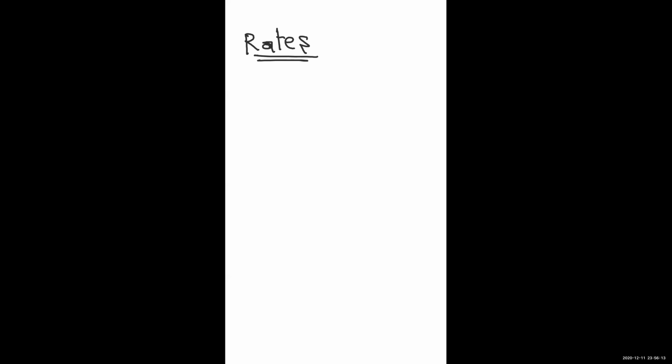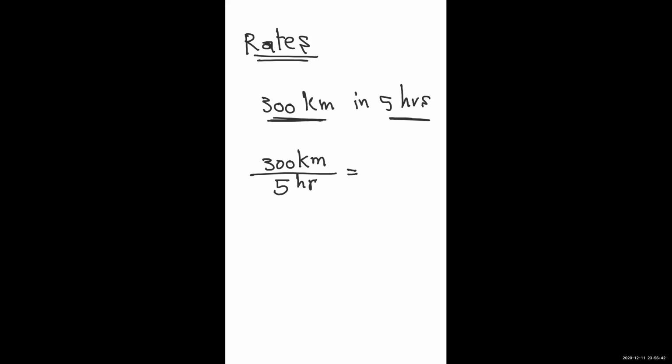A simple example about these rates. If a car travels 300 kilometers in 5 hours, this means the rate or the speed of this car per hour equals 300 kilometers over 5 hours, which equals 60 kilometers over 1 hour, right?